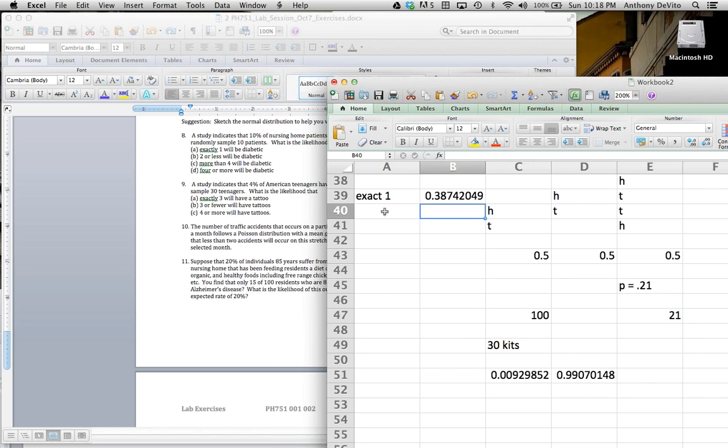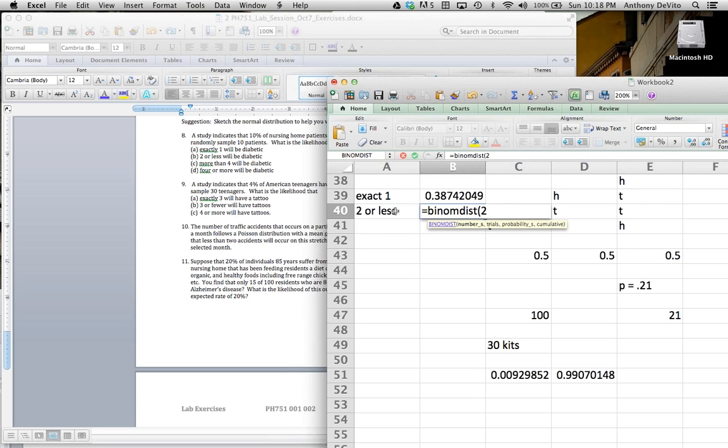Next, 2 or less will be diabetic. Okay, so how am I going to phrase that? Equals BINOM.DIST, parentheses, number of successes. So 2 or less means 2, 1, or 0.